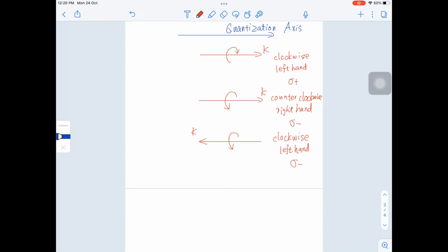The last case, again, light propagate anti-parallel to the quantization axis, but counter-clockwise.